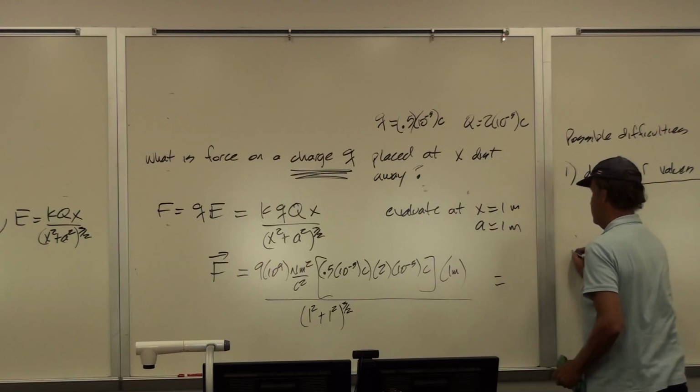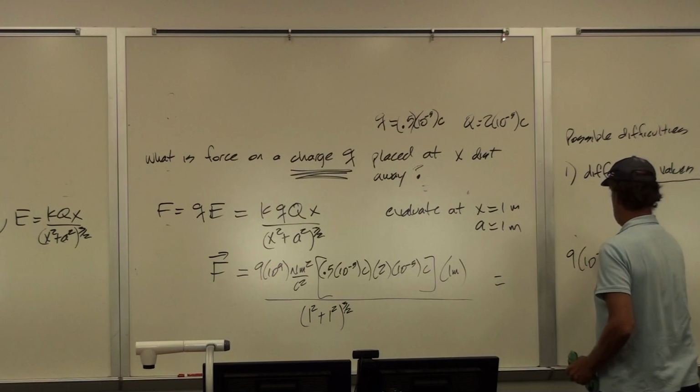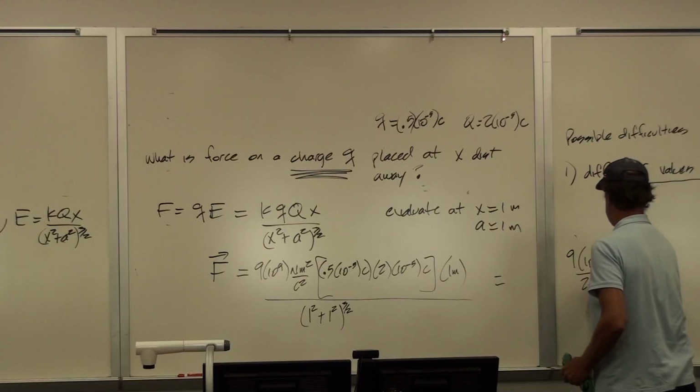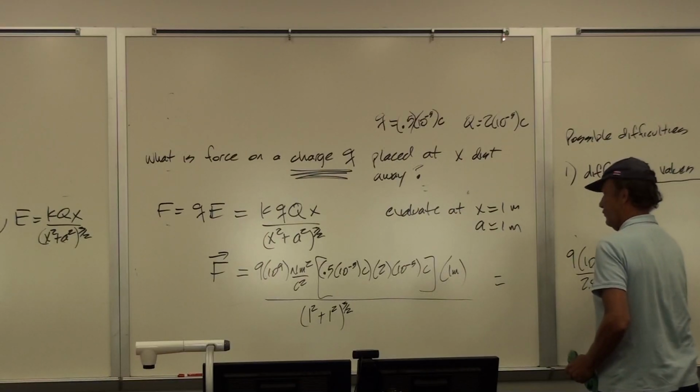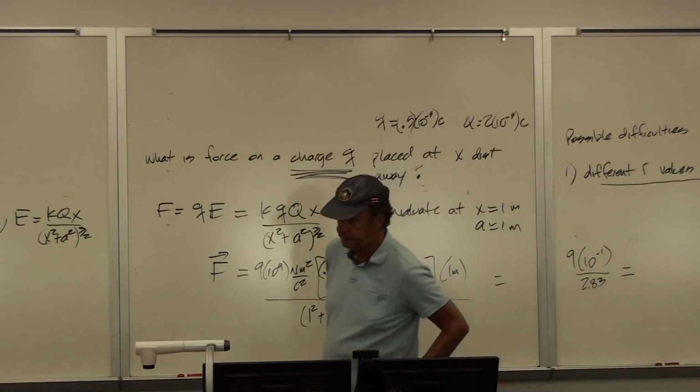So then this is going to be 9 times 10 to the minus 1 divided by 2.83.